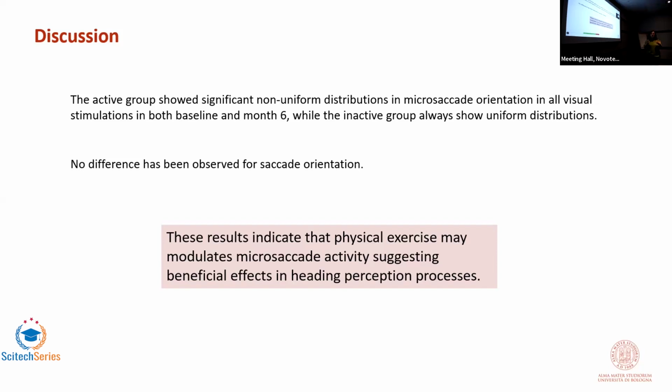Further, during any kind of physical activity, we need to integrate signals from different modalities. And our brain needs to select a specific focus of attention. If we do physical activity, or if we are active people anyway, we use these mechanisms to have a beneficial effect on the entire organism.